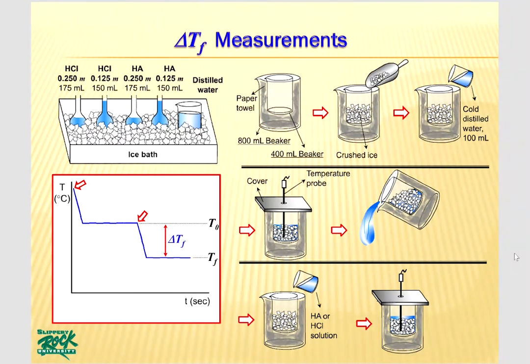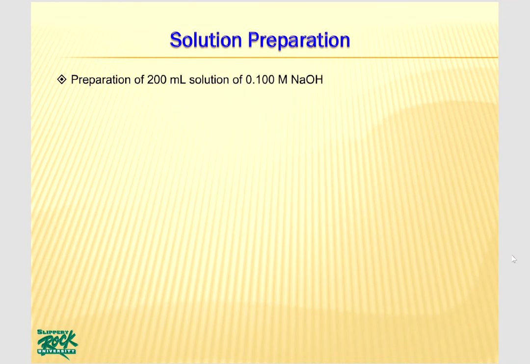You should report 4 delta TFs, 2 for the 2 HCl solutions, and another 2 for monochloroacetic acid solutions. After completing the freezing point measurements, you should transfer 3 10 milliliter aliquots from each solution to 3 Erlenmeyer flasks for titration to determine the concentration of the solution.